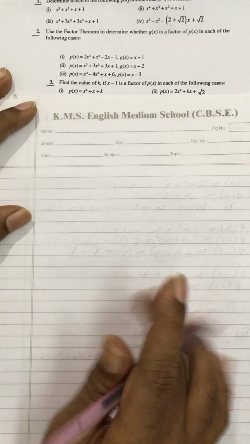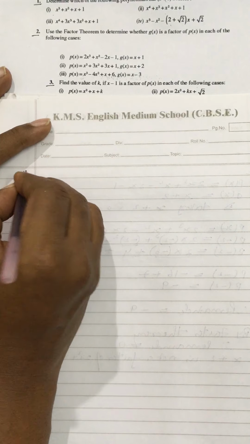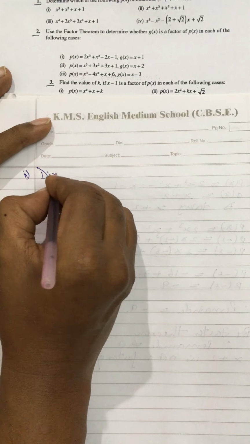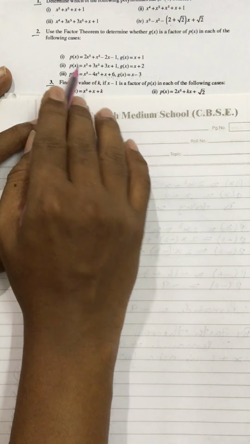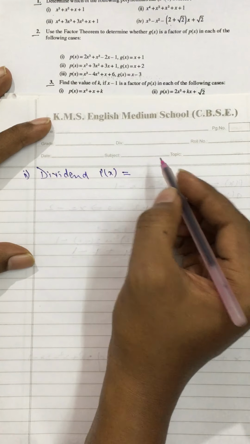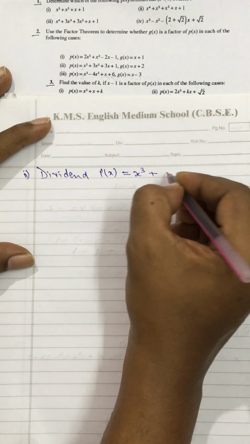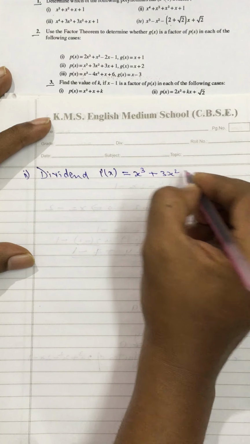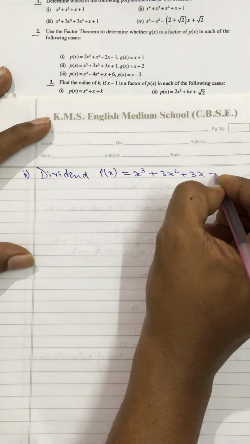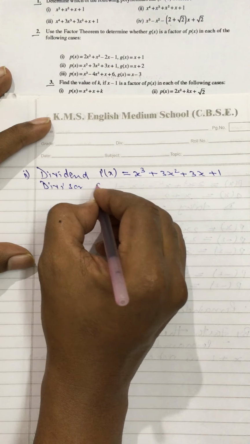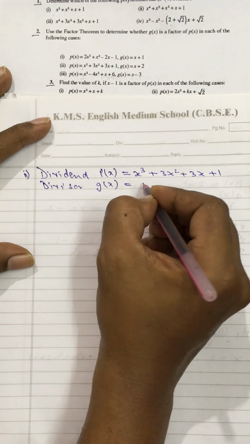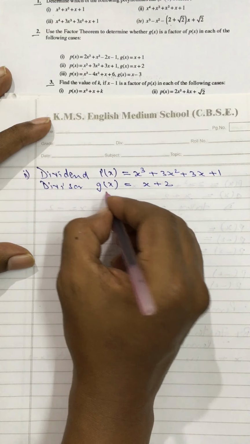Now again, better I will write in the proper fashion what I didn't do for the previous question. Dividend p of x is equal to x cube plus 3x square plus 3x plus 1, and divisor g of x is equal to x plus 2.